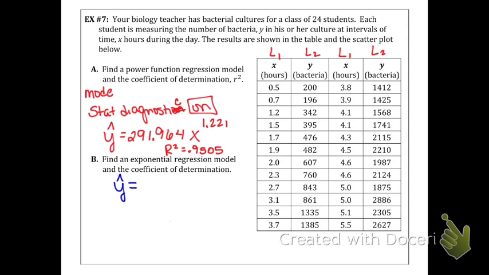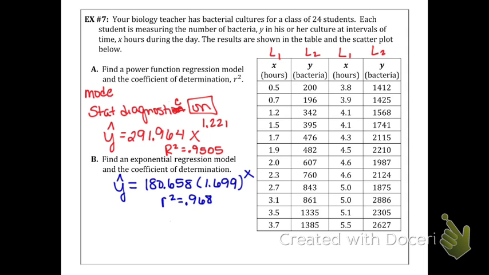So we get Y hat equals 180.658 times 1.699 raised to the X. And it has an R squared value of 0.968, which is a really good value as well. It's actually a little bit better than the power function, but we're going to look at them together in just a minute here and see which one is better, and why we think the exponential function is a little bit higher.